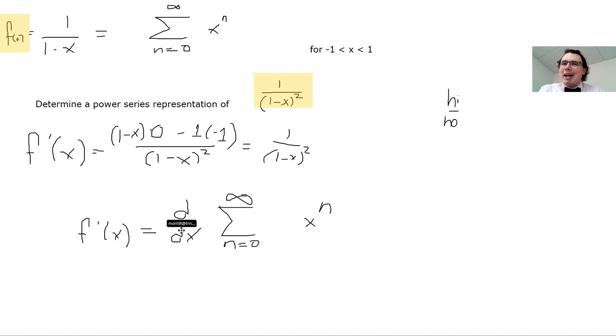Power series are very nice to work with, and we get to move derivatives inside and outside of the power series, but only as long as that power series converges, and only because we're adding up powers of x. This does not work with other kinds of infinite sums. And for that reason, we don't talk about other kinds of infinite sums, at least not in Calculus 2.